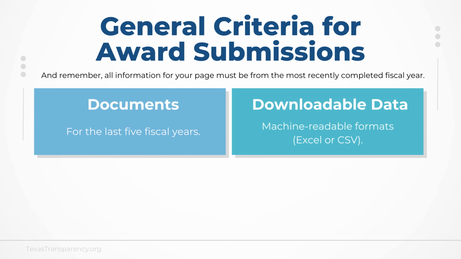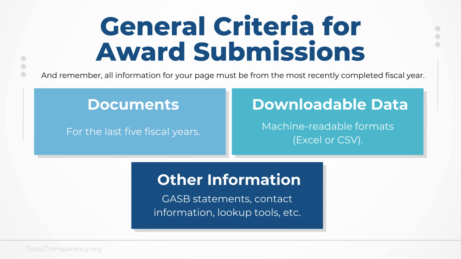Downloadable data. This is interactive raw format information on Excel, CSV, or another tabular format. Note that PDFs are not acceptable for raw data. And other information such as GASB statements, lookup tools, open records, elected official contacts, and more.